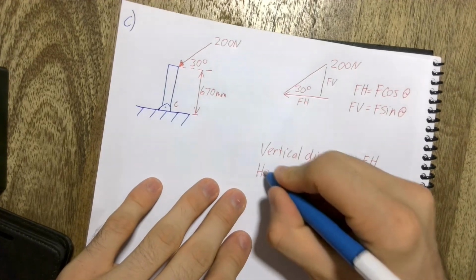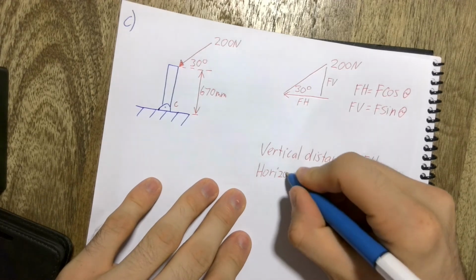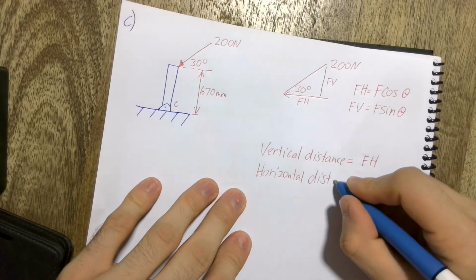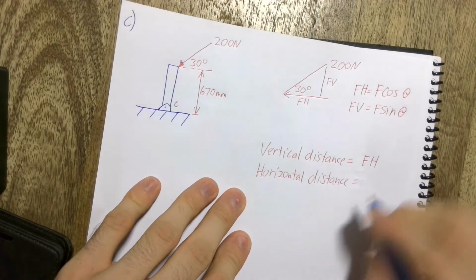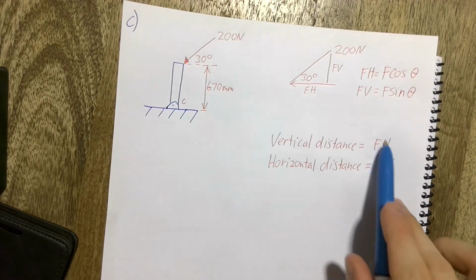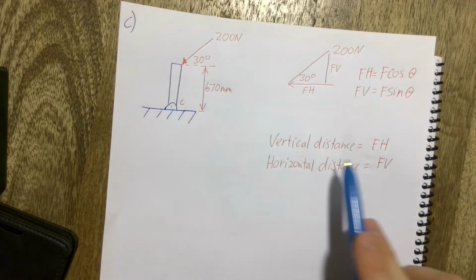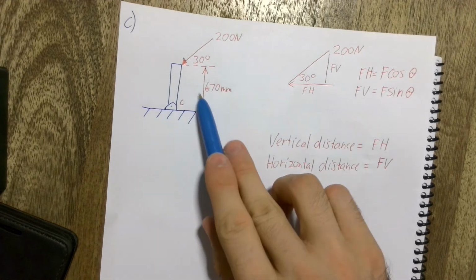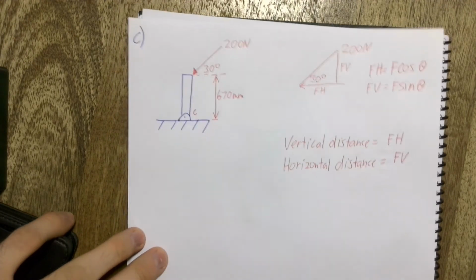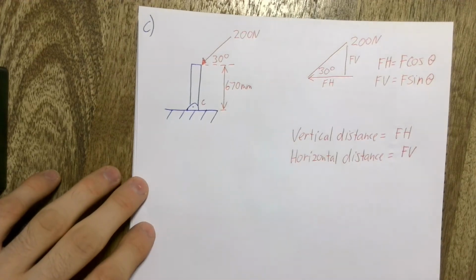A horizontal distance, there we go, we are looking for a force vertical. So I always try and keep that in my mind, because that there will be very important for questions moving forward too. So let's have a little go and let's work out the moments around C.